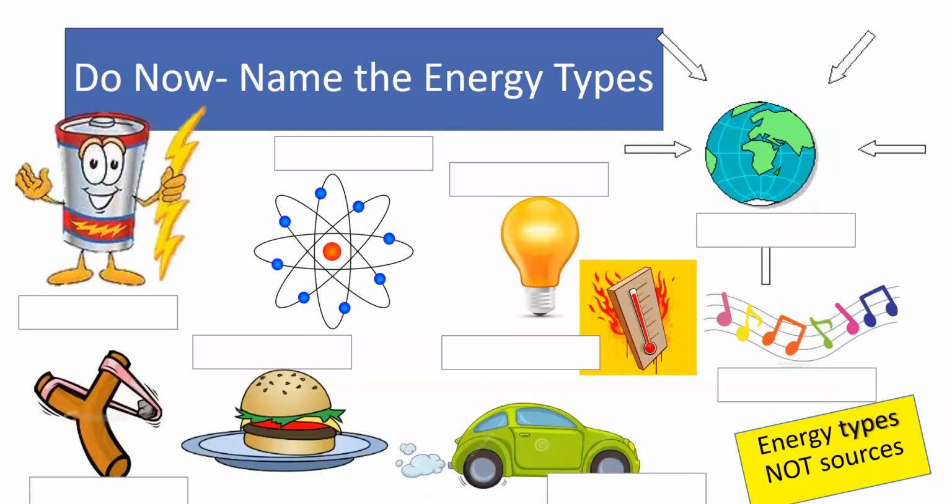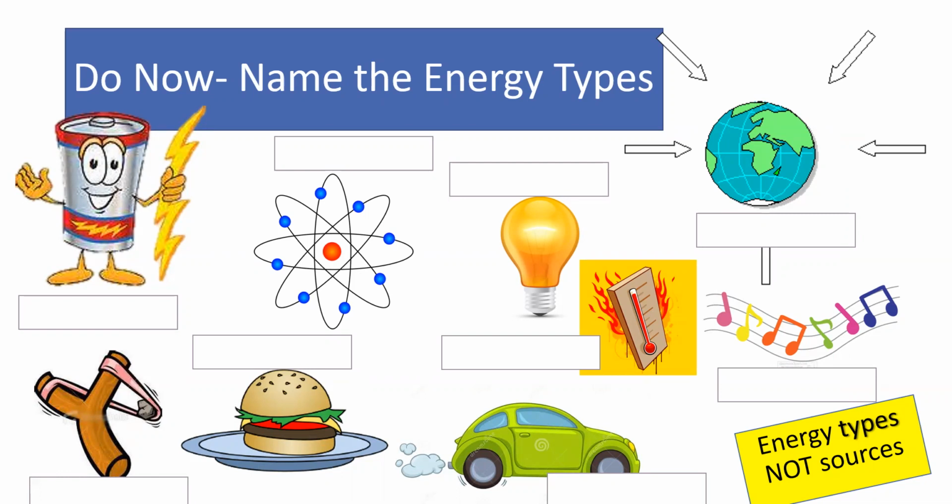Before we start our lesson, I would like you to look at these pictures and predict what energy types they are. The first one is a battery. What type of energy is stored in batteries? The second one is a nucleus, an atom. What energy is stored in an atom? We have a light bulb.